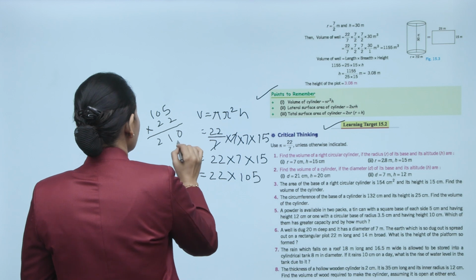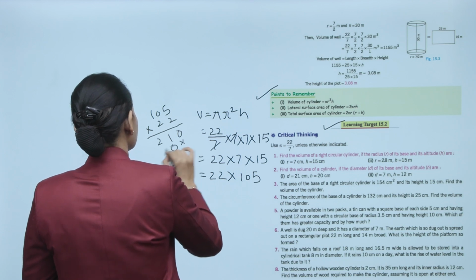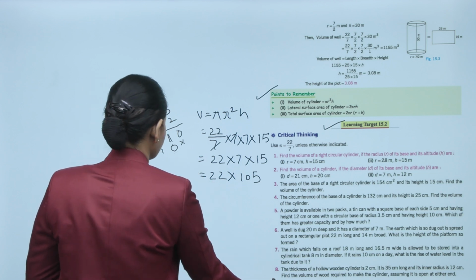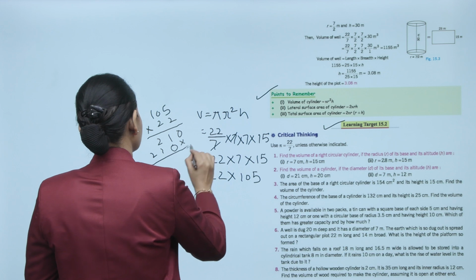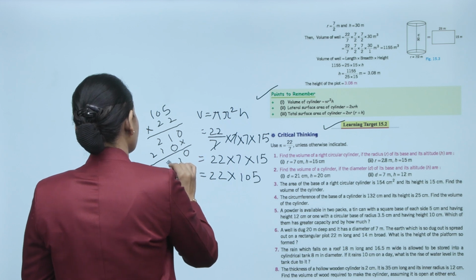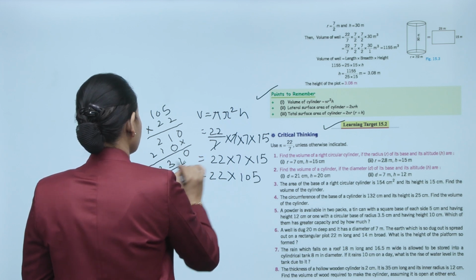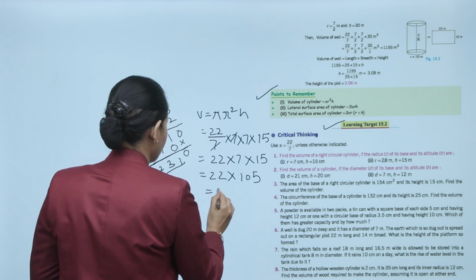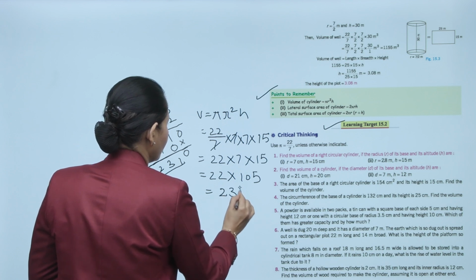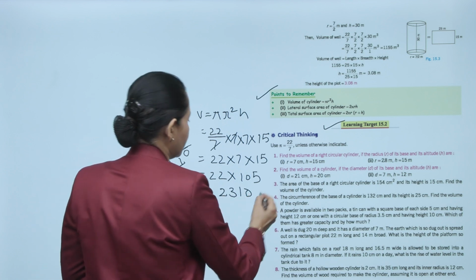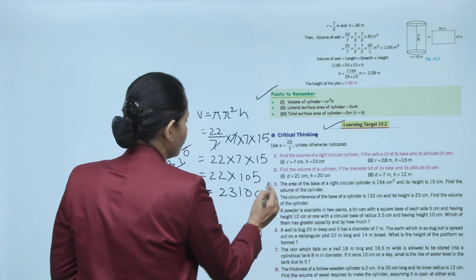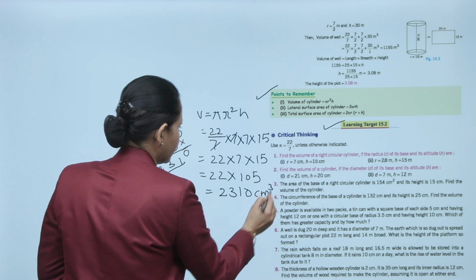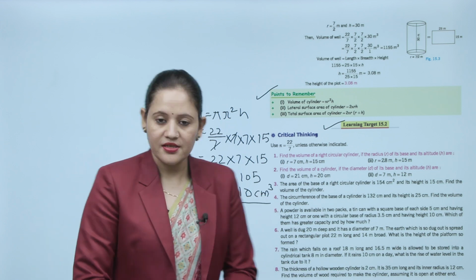That is equal to 2310 centimeter cube. That is our volume. Clear?